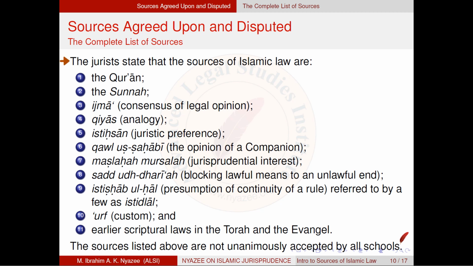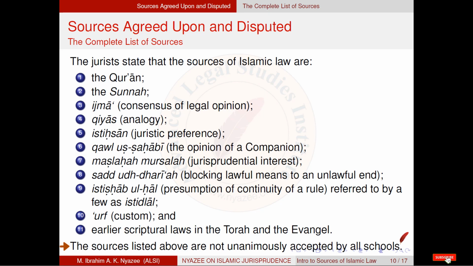The jurists state that the sources of Islamic law are the Quran, the Sunnah, Ijma, consensus of legal opinion, Qiyas, analogy, Istihsan, juristic preference, Qawl al-Sahabi, the opinion of a companion, Maslaha Mursala, jurisprudential interest, Saddu Zariya, blocking lawful means to an unlawful end, Istisabul Hal, presumption of continuity of a rule, referred to by a few as Istidlal, Urf, which is custom, and earlier scriptural laws in the Torah and Evangel.